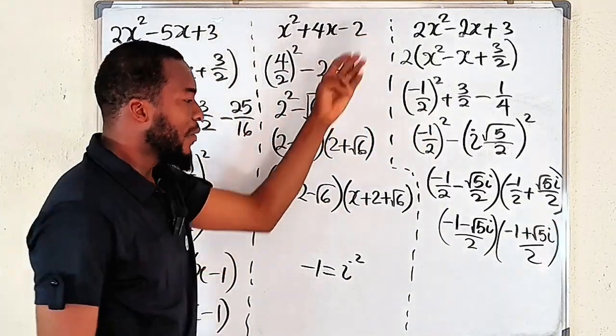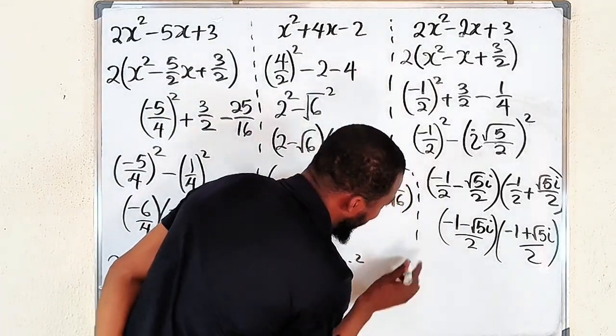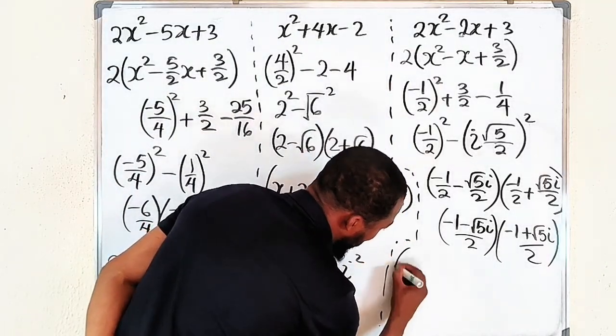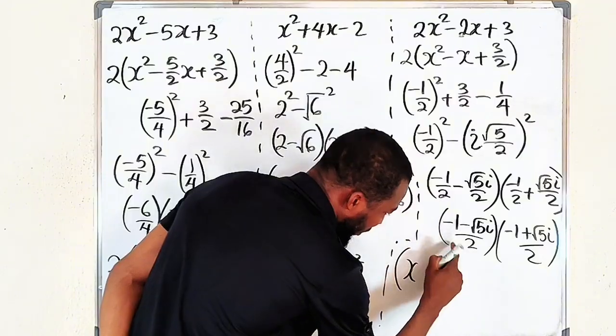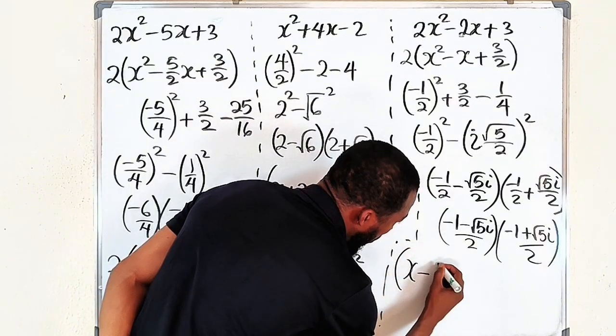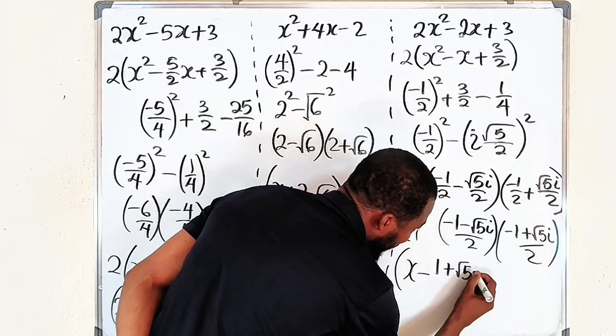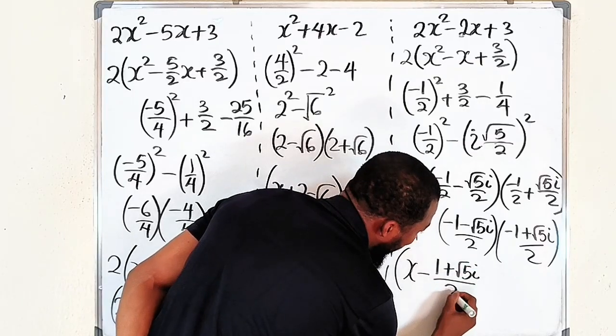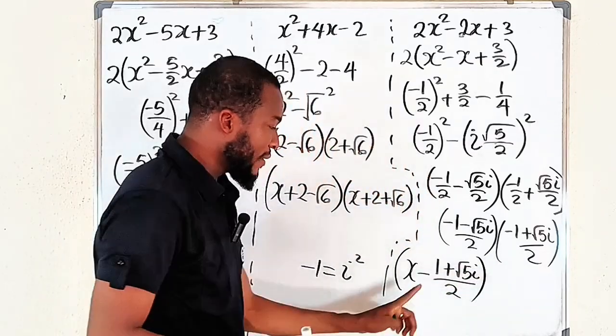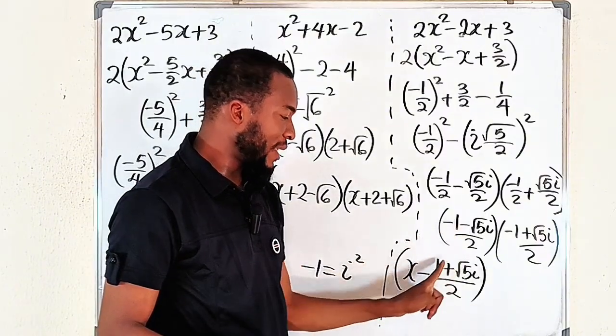So next, factorize it. We have x, bring this minus 1. I can add plus here. I'm going to explain. Because this minus is affecting everything here.